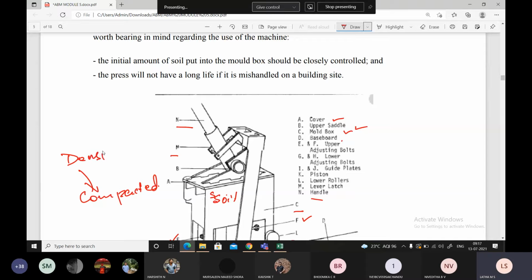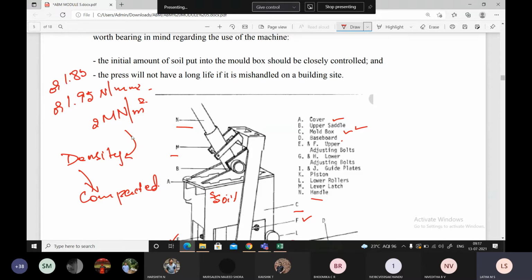To what density? Every machine is designed to a value of 2 MN per meter square, or you can generally say 1.95 Newton per mm square. It varies. Some machines only reach a density value of up to 1.85.